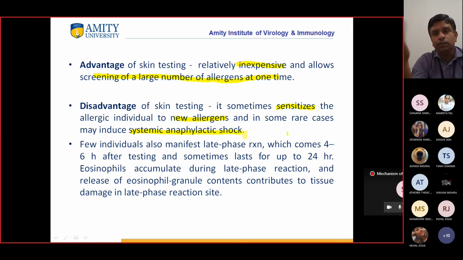And in that case, there can be an allergic reaction, right? So that is a major disadvantage of skin testing. So, this is not encouraged now because we have more sensitive and safer techniques now.